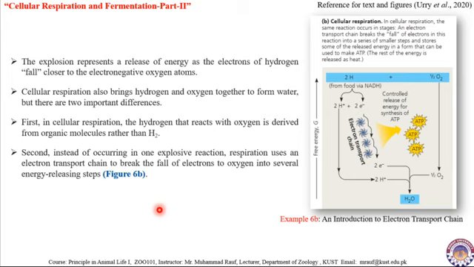So simply the process is the same, the combination of hydrogen with oxygen to form water. But in the case of cellular respiration, this process does not take place all of a sudden. This process takes place in a series of several steps.